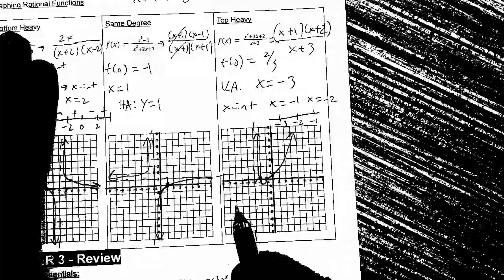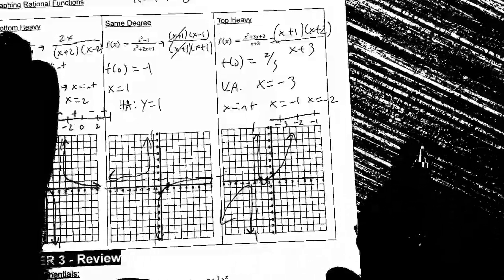And then between -2 and -3, we're going to get a positive output here, so it's going to go straight up. And then if we test something below -3, it's going to be negative. So that means it has to approach negative infinity here. And it can't cross the x-axis again, so it also must be pointing downward to the left.